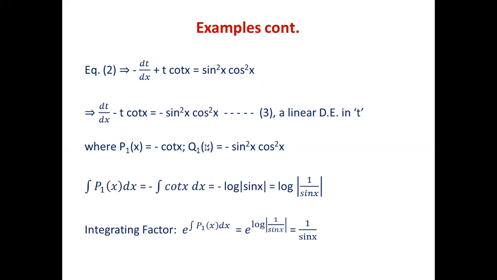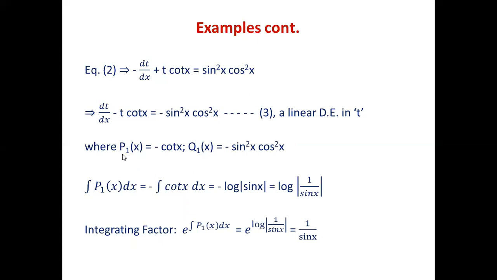So you can proceed with the step-by-step process to solve this linear differential equation. Here dt by dx plus function of x multiplied by t is equal to function of x, which is the standard form of linear differential equation in t.